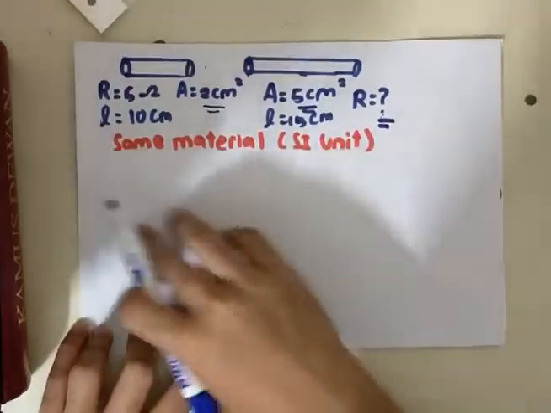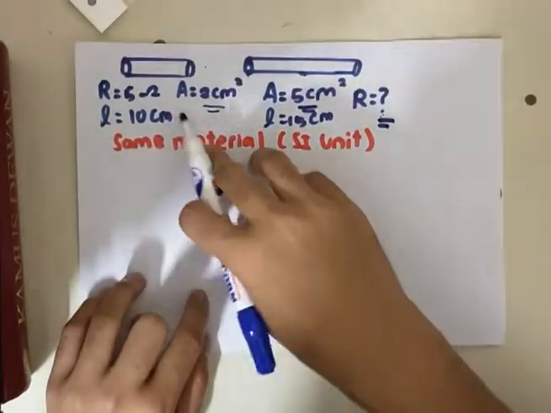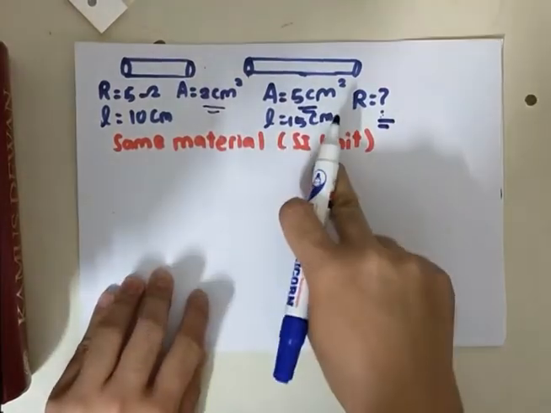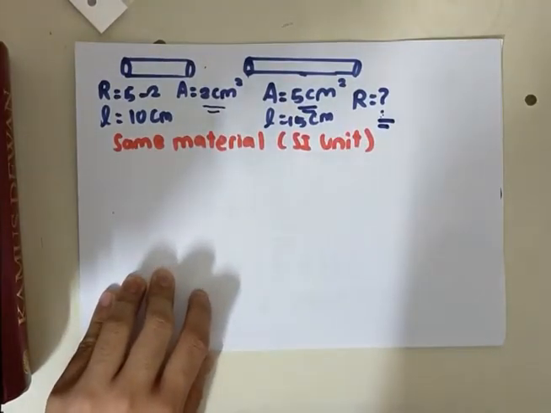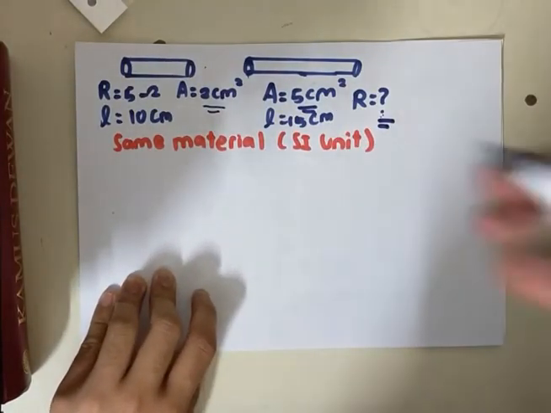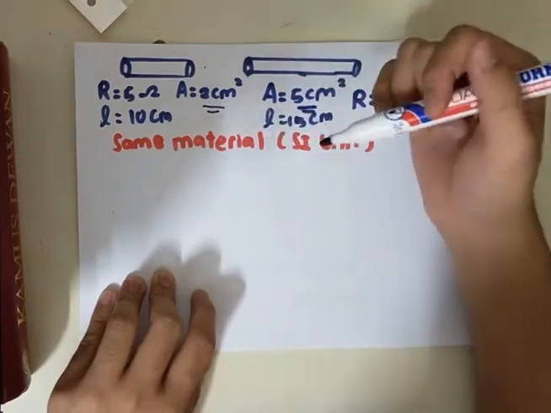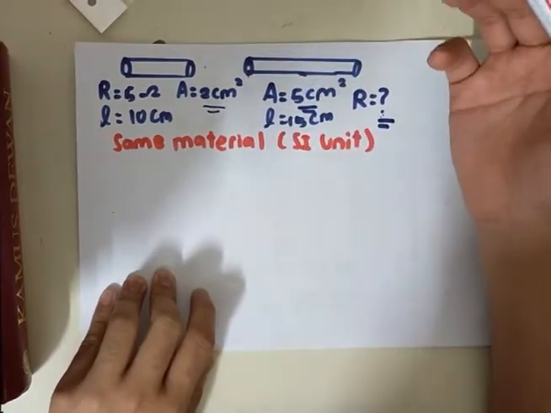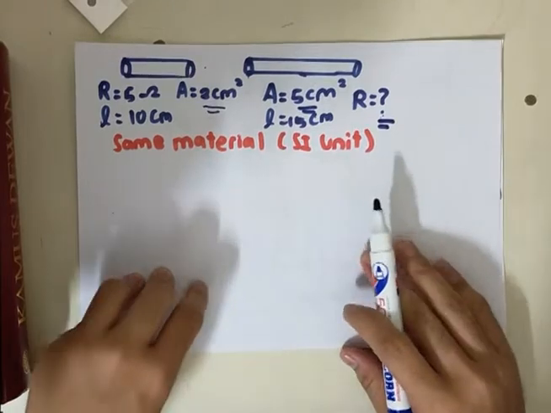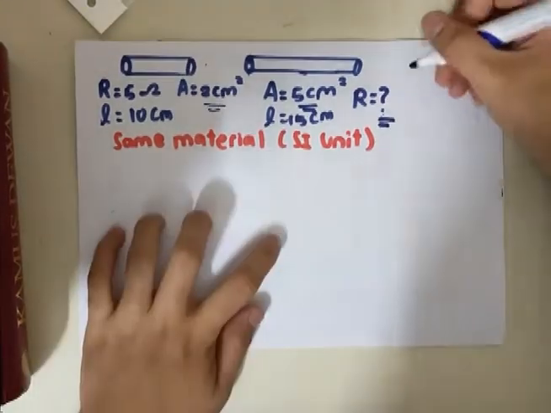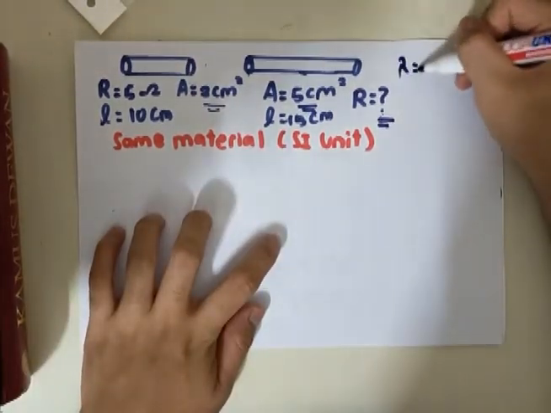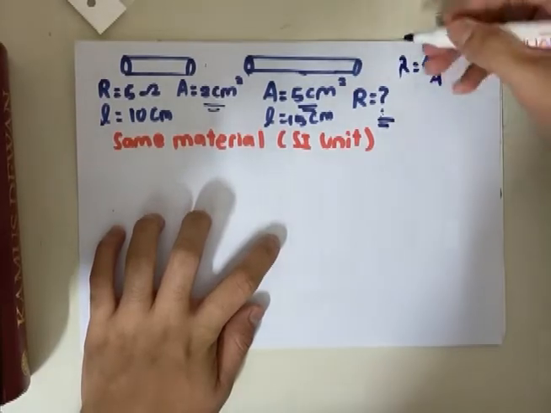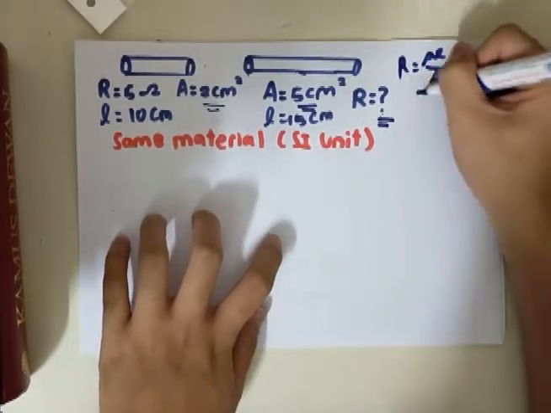So here's an example question. Here I give you 2 bars of the same material, which means that you can apply the formula R1A1 over L1 equals R2A2 over L2. I'll stick to the formula R equals rho L over A, and I'll change it myself because I've memorized it this way.